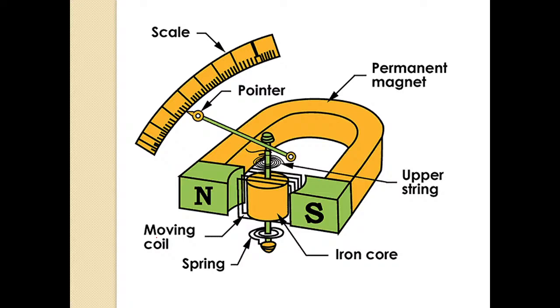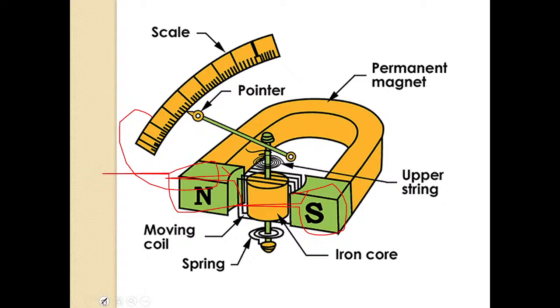It is made up of thin wire. Okay, this coil is suspended such that it is free to turn about its vertical axis. Vertically it will be able to freely rotate. That's how it is suspended in between these two magnets, in between the north pole and south pole.